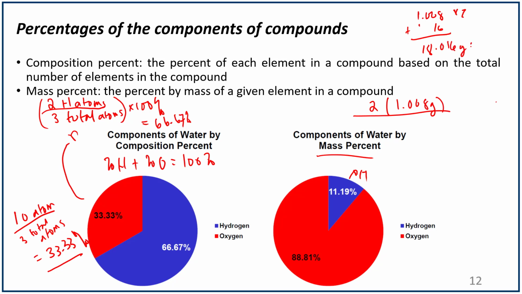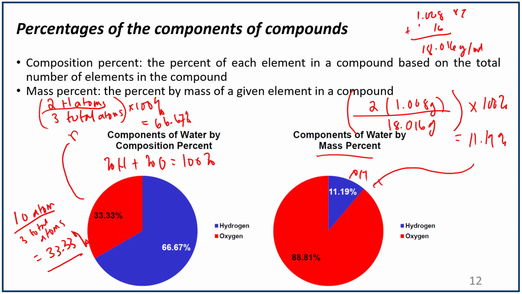That's the molar mass of water, gram per mole. Then we multiply by 100%, and this is going to end up being 11.19%, which is basically what we have here.